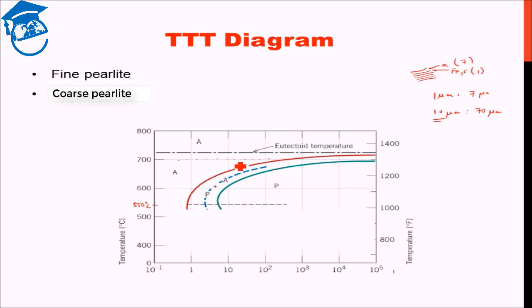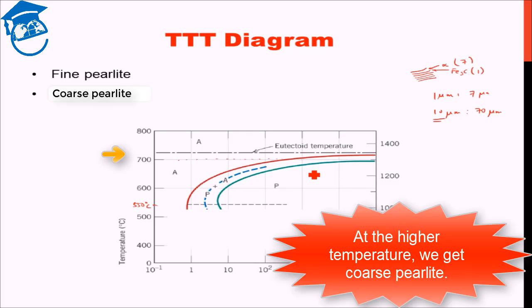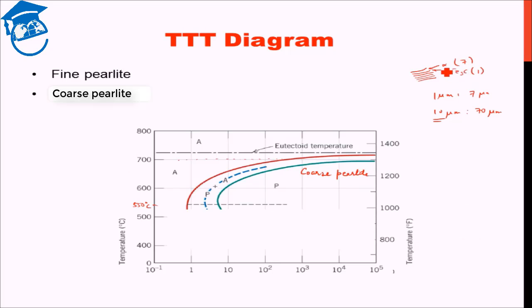Therefore what happens at higher temperature is that we get coarse pearlite, because we have fewer nuclei, and the diffusion of carbon from the ferrite region to the cementite region can be easily done. Therefore they can be separated by larger distances, thereby we have coarse pearlite.